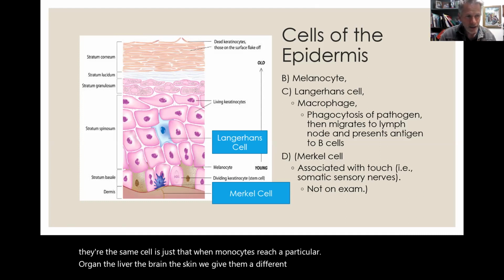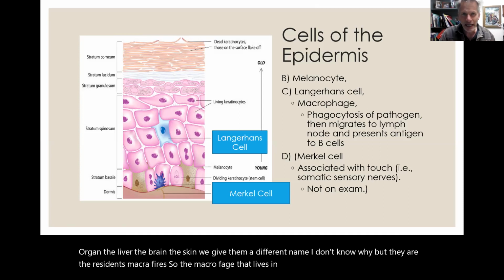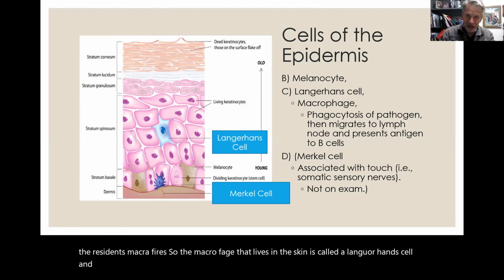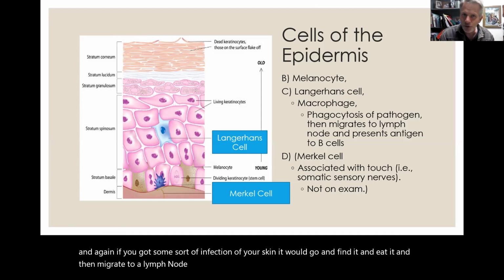I don't know why, but they are the resident macrophage. So the macrophage that lives in the skin is called a Langerhans cell. And again, if you've got some sort of infection of your skin, it would go and find it and eat it, and then migrate to a lymph node and present antigen to the B cells and all that.